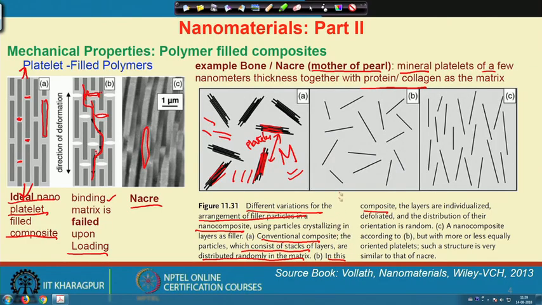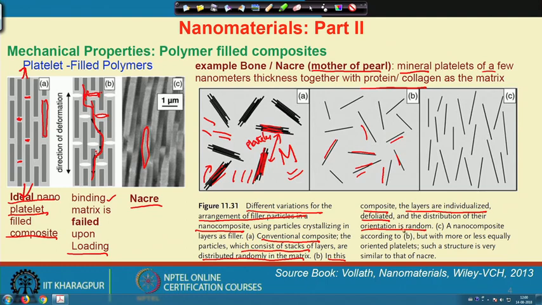So, in case of B, the layers are individualized, meaning we have made some exfoliation. Exfoliation basically means you take out one of these platelets and distribute it randomly. This is the idea of exfoliation, giving an exfoliated or distributed orientation of the platelets.